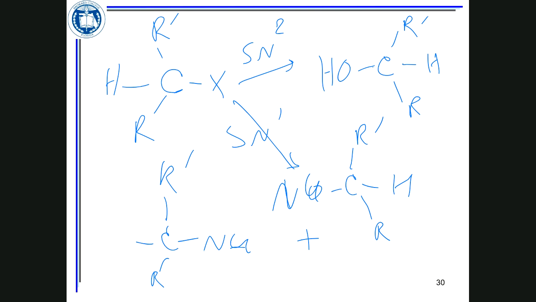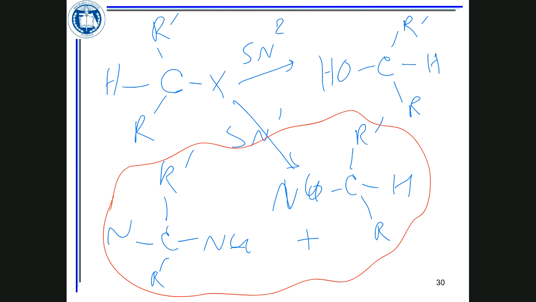So for SN1, you're going to get two products. For SN2, you're getting only one product. So that's the difference. So we want to find out about conditions that are going to give us the SN2 product, or the conditions that are coming from the SN1 mechanism. So we are going to compare these two.